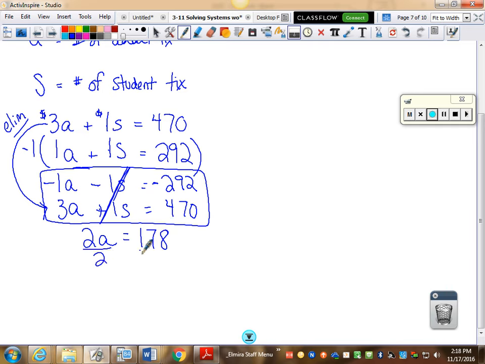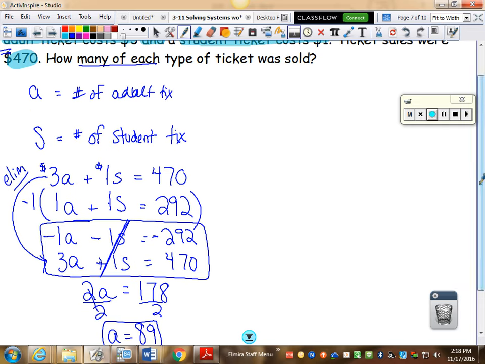Divide both sides by 2. And A equals 89. So 89 adult tickets. Okay, so student tickets.